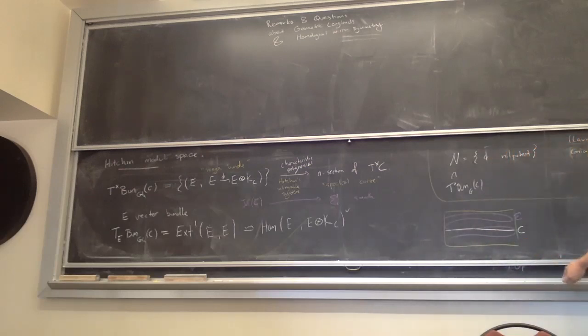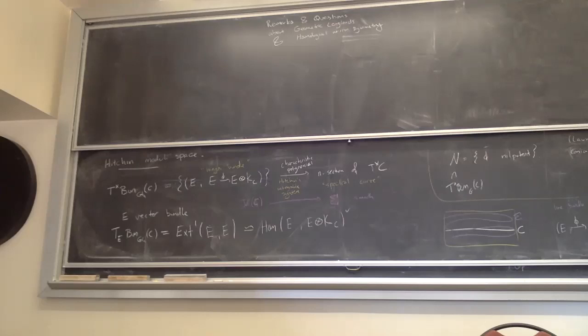The statement being made here is, if you have some kind of Higgs field, E, phi, E tensor K_C, then it's like having this kind of thing on C corresponds to a line bundle on sigma. Okay, that's the statement.